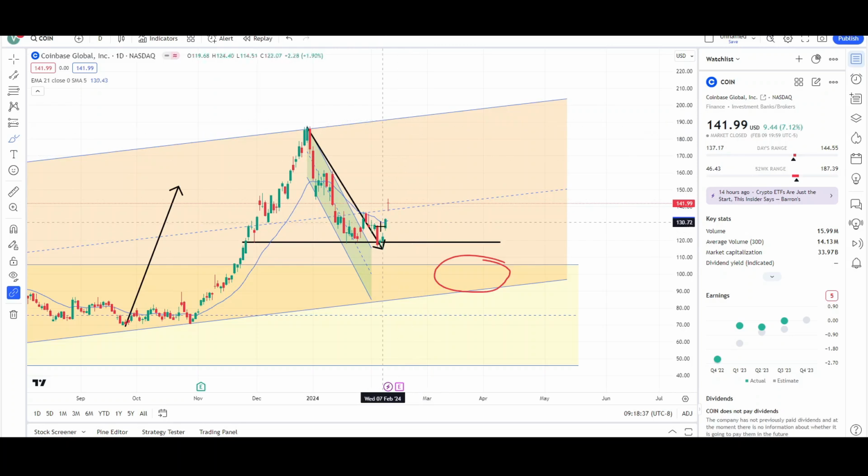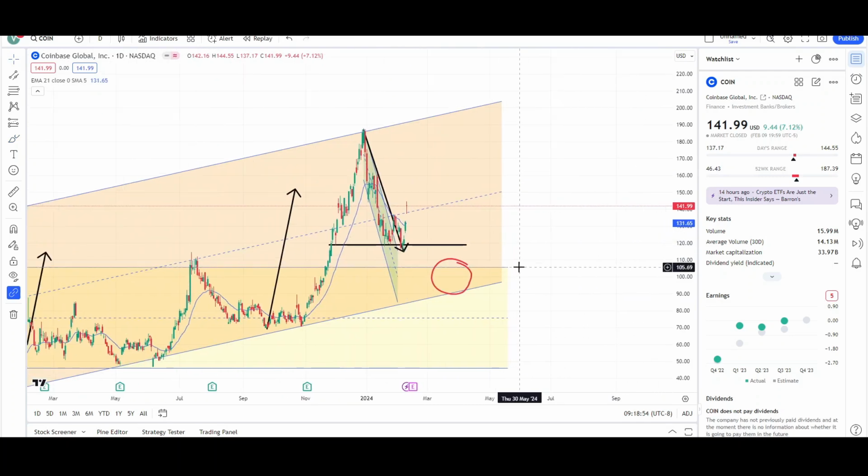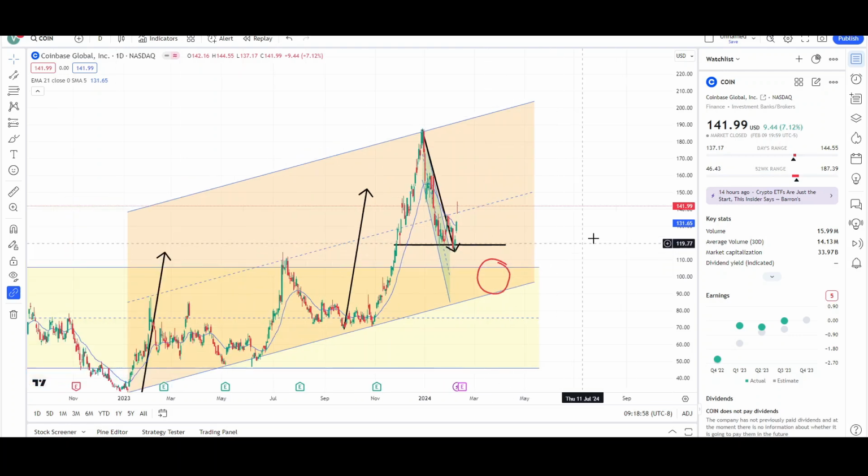But if we just see sideways trading or the bulls not being able to push up higher, that signifies to me that the bears can come back in the market. The aggressive sellers can come back in and drop that price to where they want to go, which is right here at the mid 90s to the low 100s.